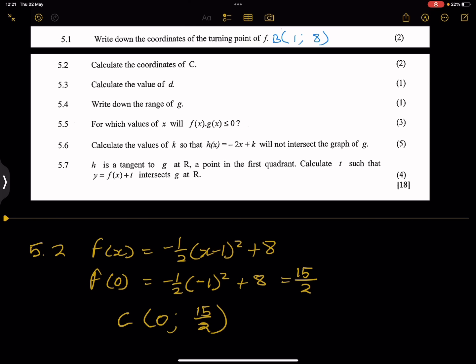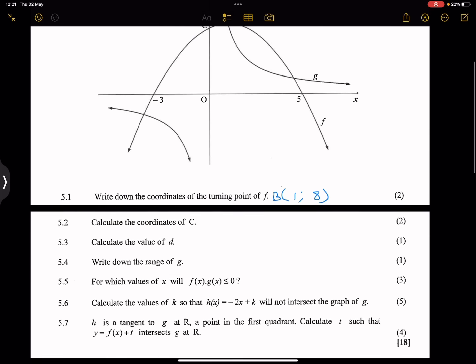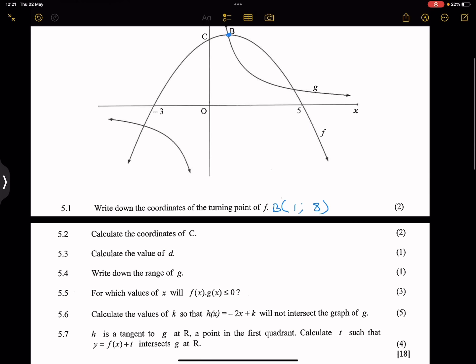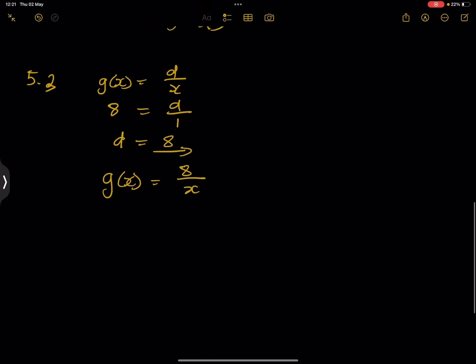All right, and off we go to the next question. They say write down the range of g. Now note, we are talking about the hyperbola, right? So when we're talking about the range, we are talking about where it exists on the y-axis, right? Now notice that it means that our y asymptote is 0, right?